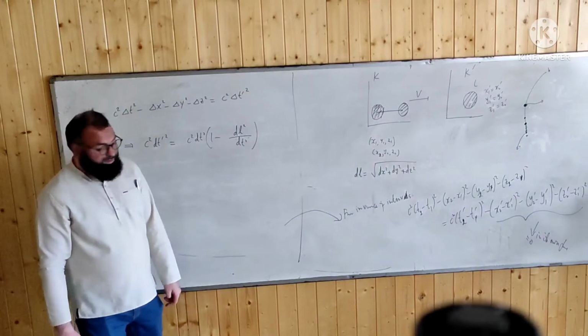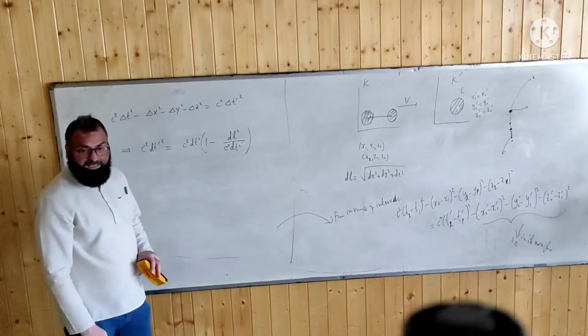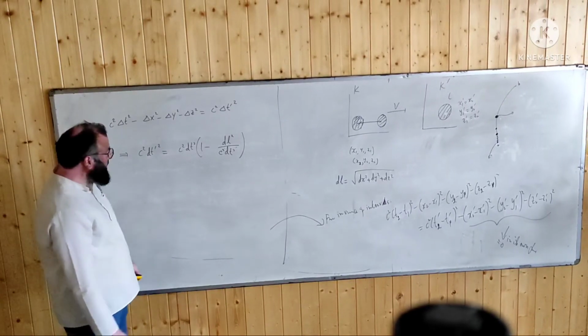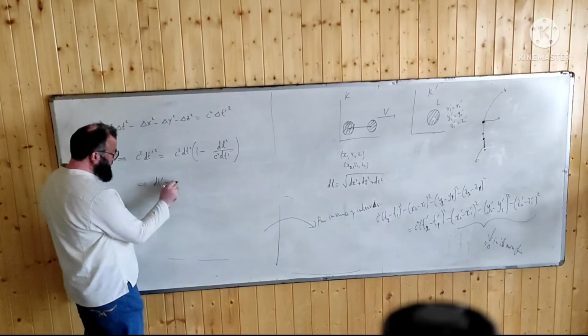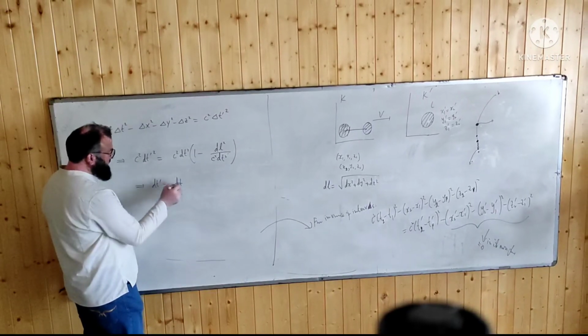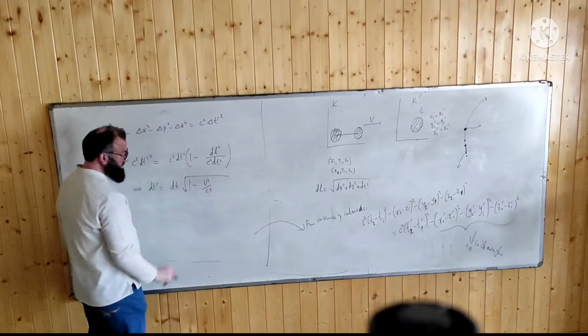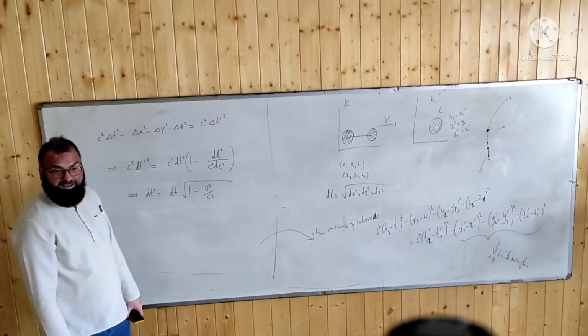And there will be c square as well. Clear? So it will be simply dt prime is equal to dt, c and c cancel, so it is root of 1 minus v square by c square. Clear?